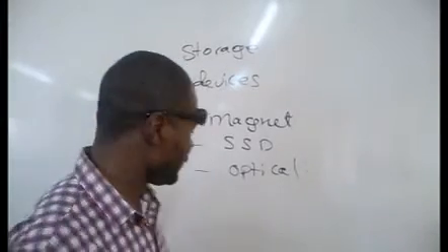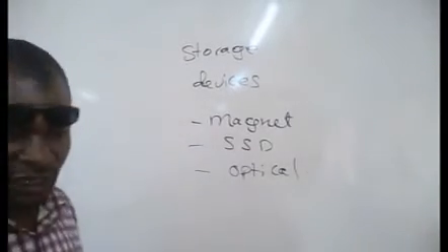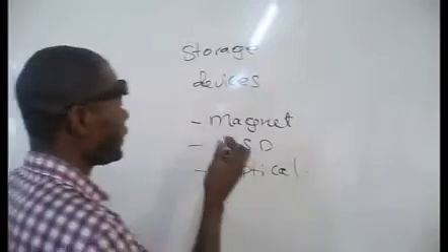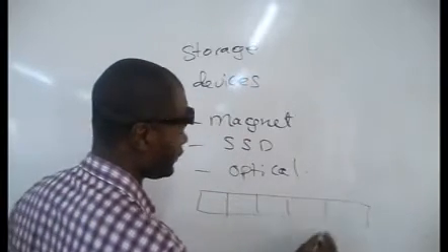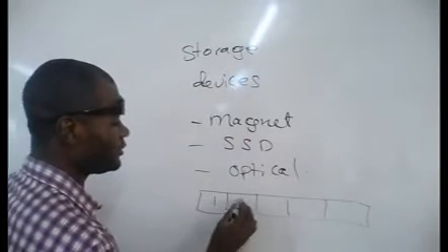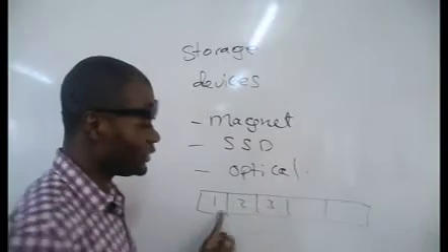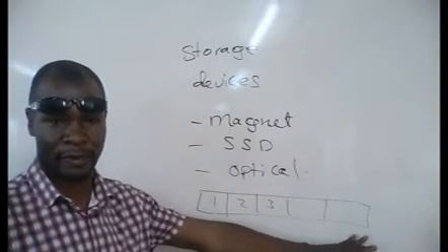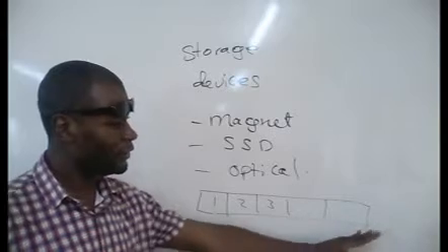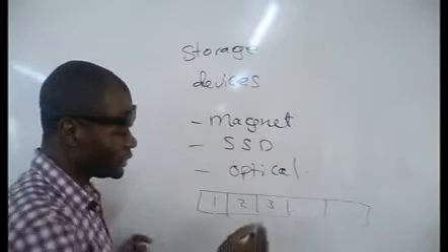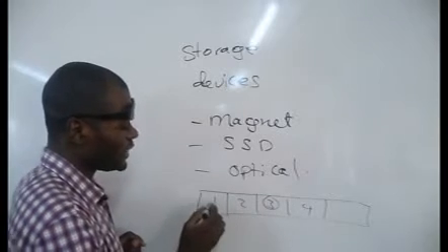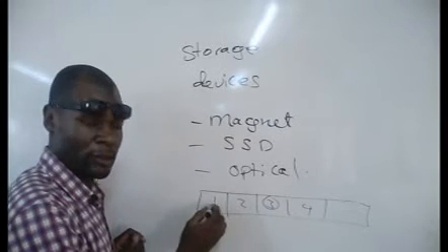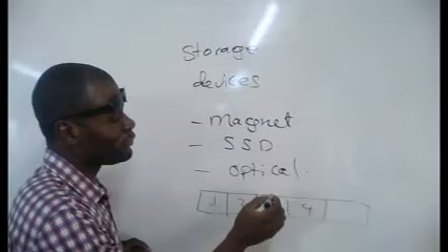In sequential file access, we can have songs on a ribbon, and they are stored one after the other. There will be song 1, song 2, song 3. This depicts a ribbon. Now, the problem with this kind of storage is that if you want to listen to song number 3, you first have to go through song 1, then you finish song 2, that's when you go to song 3.